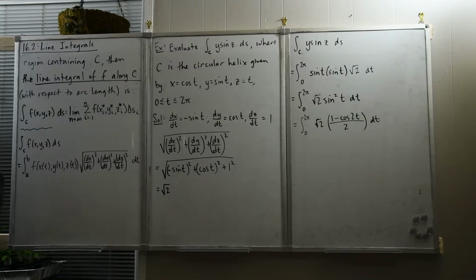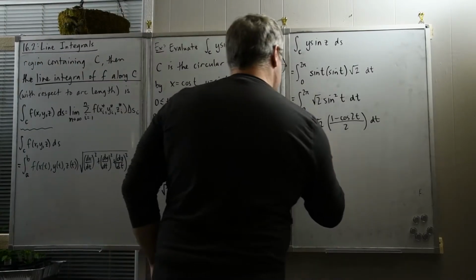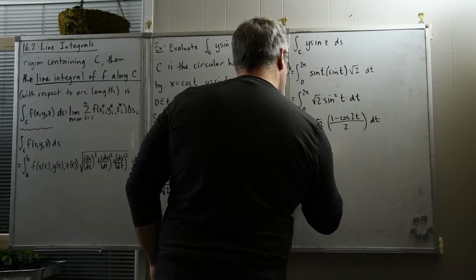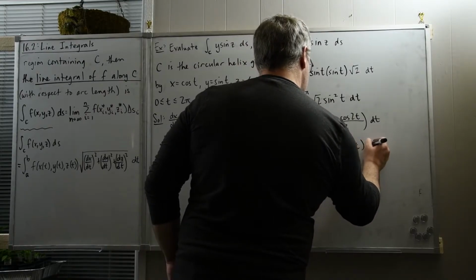And so if you think about that, what you notice is that you've got a square root of 2 over 2 times 1 minus cosine 2t. So we'll go ahead and take that root 2 over 2 outside. We'll have our 1 minus cosine 2t.